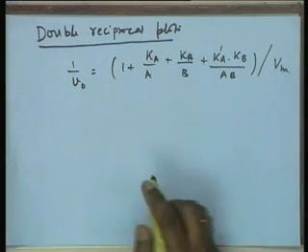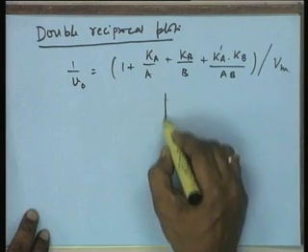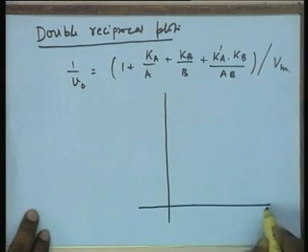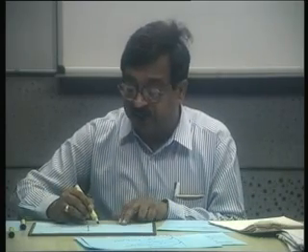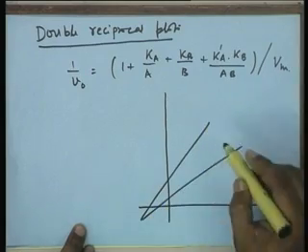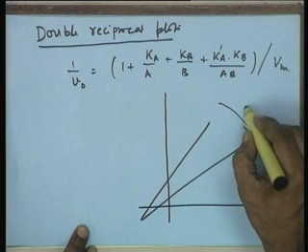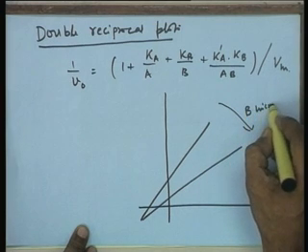Now, if you plot this, say for example at a constant value of B, just like in the first case, you will get a profile with B increasing at different constant values.